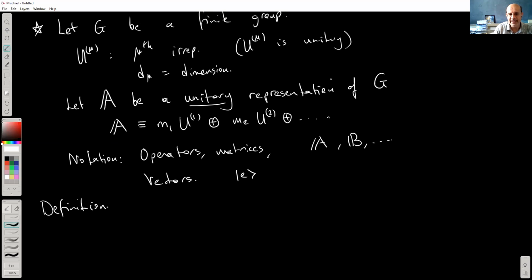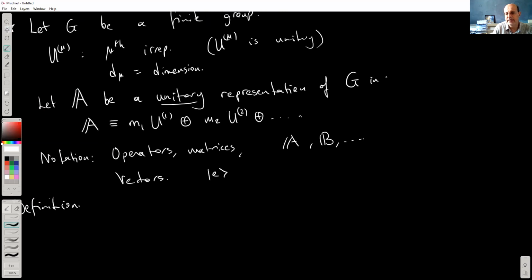Representation of G in vector space V, for example. So these are operators and matrices on the vector space; I'm just going to use this notation. Vectors in V, I'm going to use this notation.